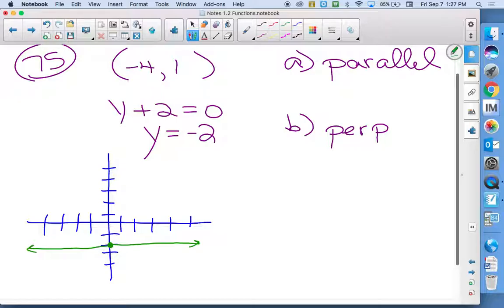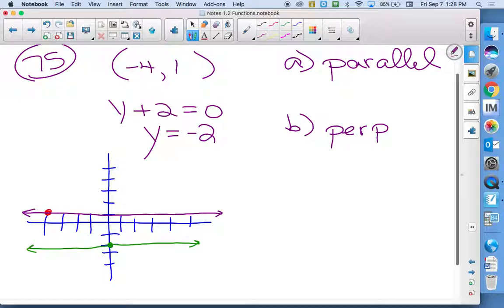Now I got this horizontal line. We're supposed to come up with another line that's parallel to this, but also goes through the point -4, 1. So Kate, if you have a horizontal line, what's the only line that's going to be parallel with a horizontal line? Another horizontal line. And if it goes through the point -4, 1, it has to look like this.